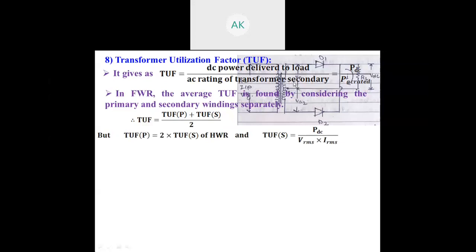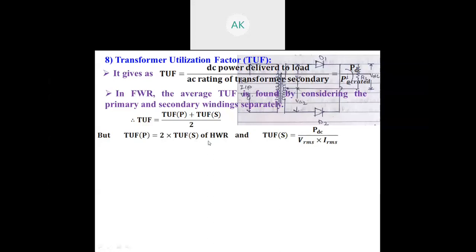If we consider isolated TUF for the upper half of the secondary with the primary, and the lower half of the secondary with the primary, it is twice. So TUF of the primary is twice the TUF of the secondary of a half wave rectifier.